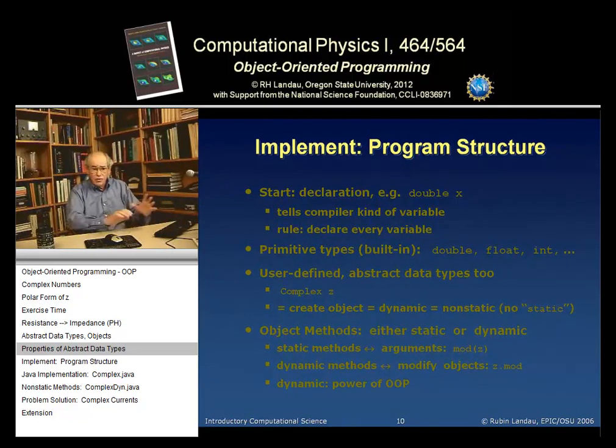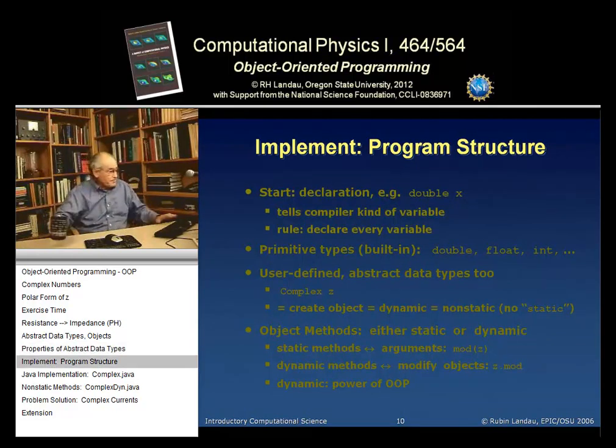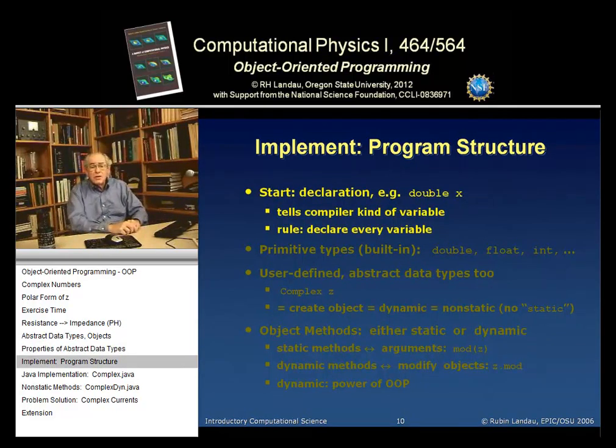How do we do this in a program? So you know how to do this. Let's look at slide 10, which mainly reviews things you know already with the slightest addition. How do you start a program? You always start a program, particularly if you do it well, by declaring the types of data you have.